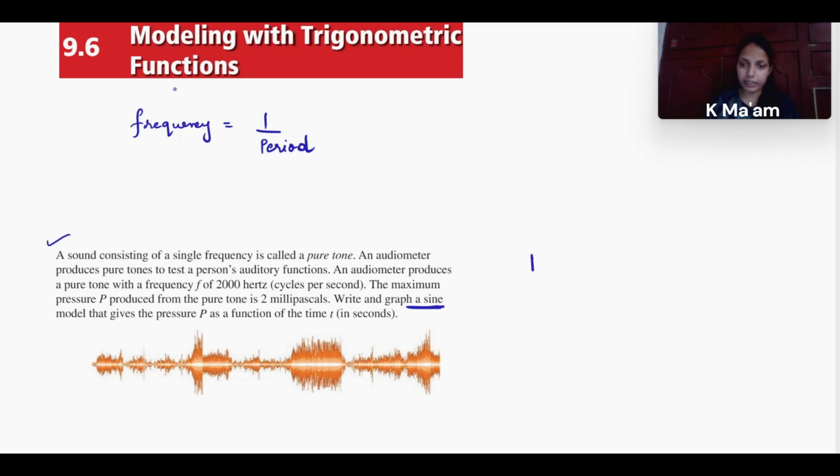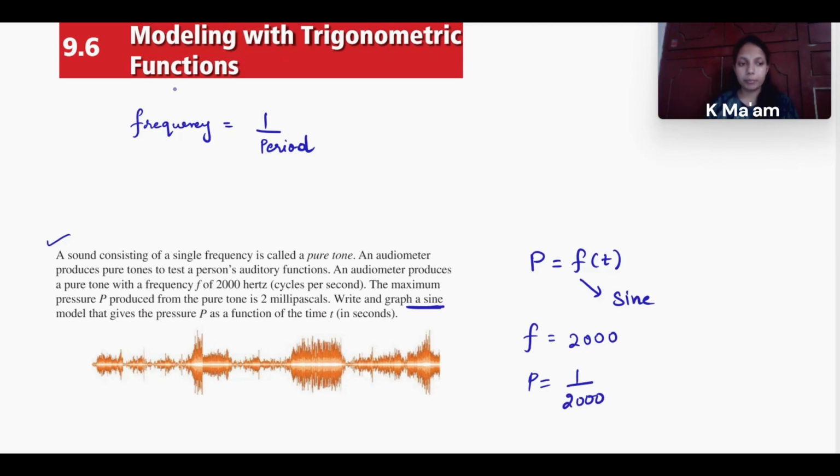So you have to write P as a function of time, and the function is a sine function. It is not x, it's t here. So the frequency is provided, 2000 hertz. So the period will be 1 over the frequency, 1 over 2000.